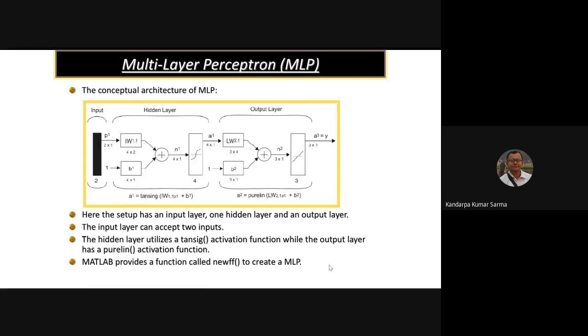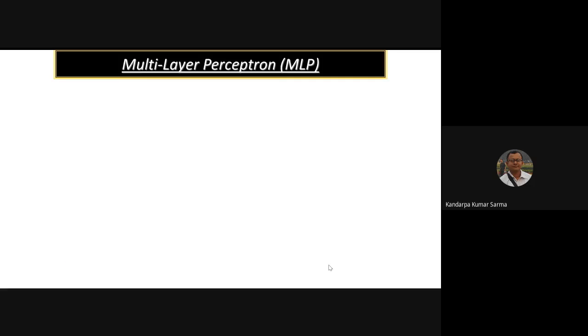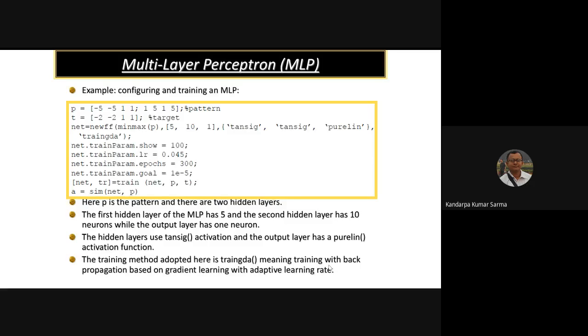So here is the required multi-layer perceptron that we just saw. That is the conceptual diagram that will be used by the Matlab compiler repeatedly while you use the newff function. Okay, so now let's see how a two-layer network will look.